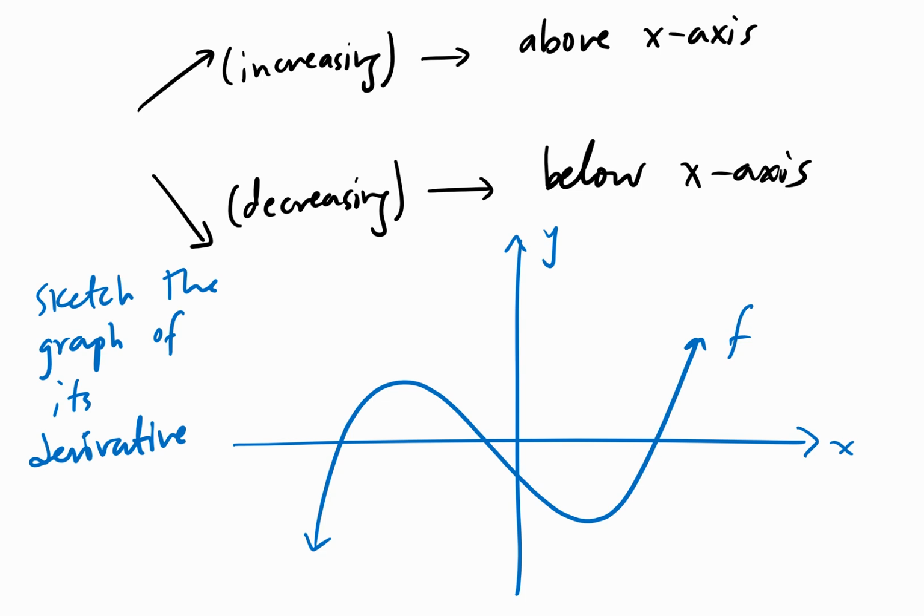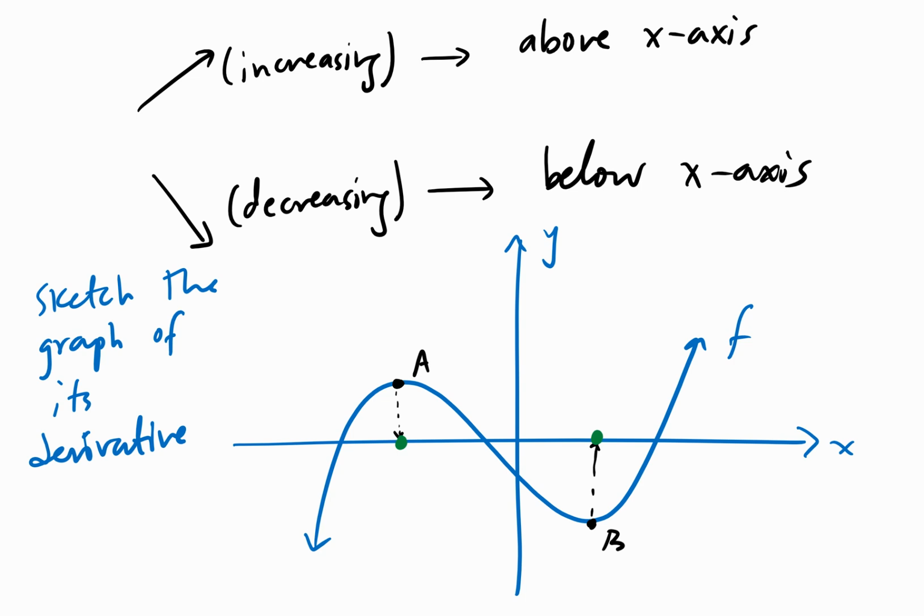So what do we do here? First thing I do, I look at these points here, call it point A and point B. Those points are going to become points on the x-axis. So it's going to be some point on the x-axis. And this point is going to be dropped onto the x-axis as well, like this. It's going to be here.